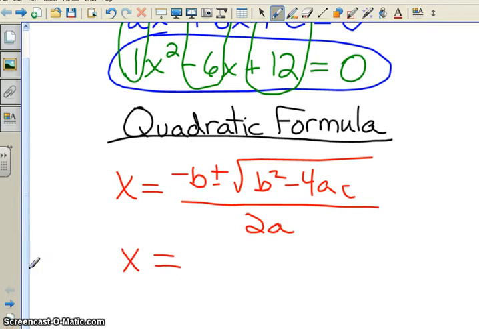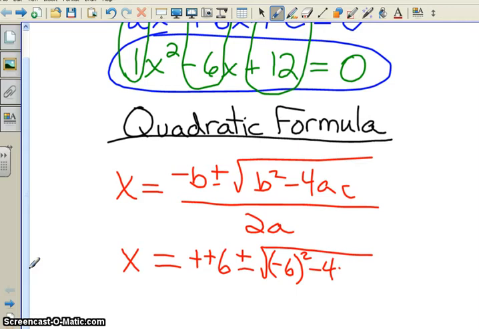So now all I'm using is 1, negative 6, and 12, and substituting them into the quadratic formula. So negative b, that'll be negative 6, which is really going to be positive 6, plus or minus the square root of negative 6 squared minus 4 times a, which is 1, times c, which is 12, all over 2 times a, or 2 times 1.